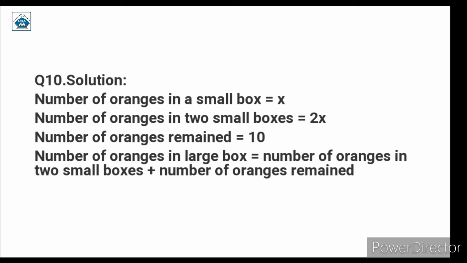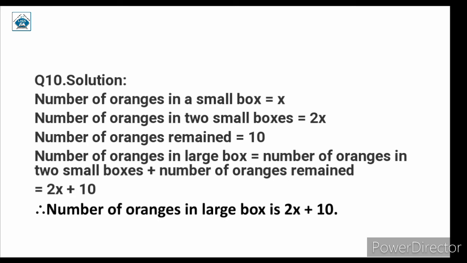So that is why we will be adding both these numbers, that is number of oranges in 2 small boxes and the number of oranges that remained. So this will be equal to 2x plus 10. Therefore, number of oranges in large box is 2x plus 10.